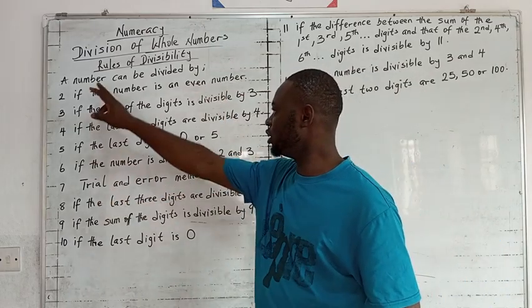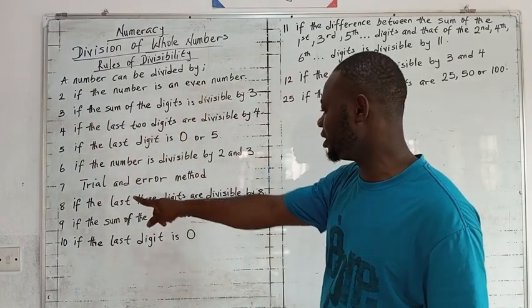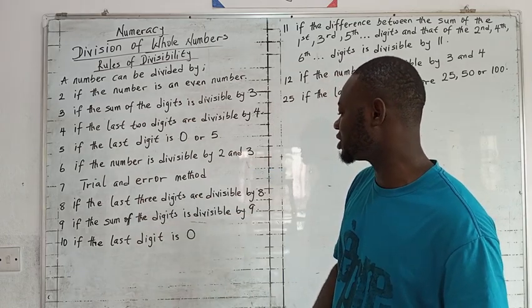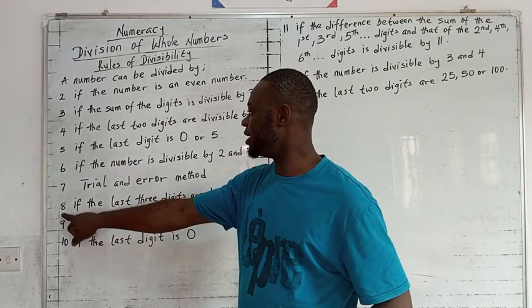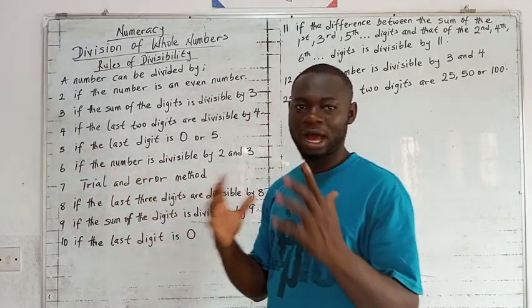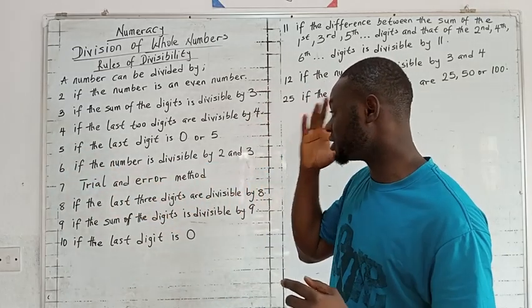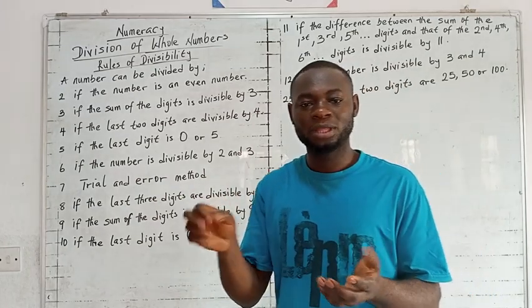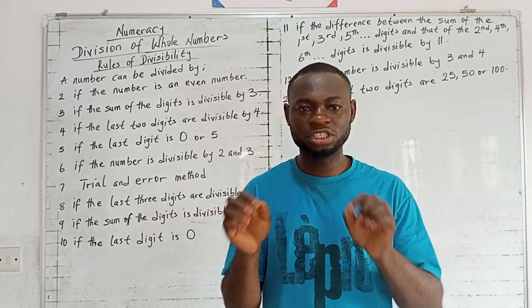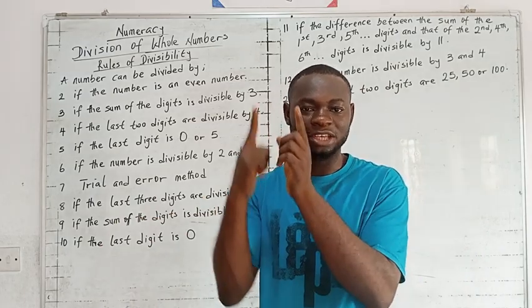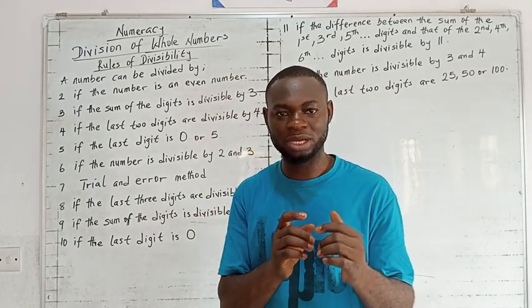Divisibility by 8: a number can be divided by 8 if the last 3 digits are divisible by 8. You notice that divisibility by 8 and divisibility by 4 are similar. Divisibility by 4 says that a number can be divided by 4 if the last 2 digits of that number are divisible by 4. Last 2 digits meaning the tens and units of that particular number we are dividing.